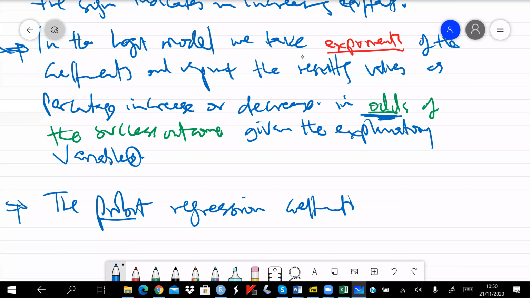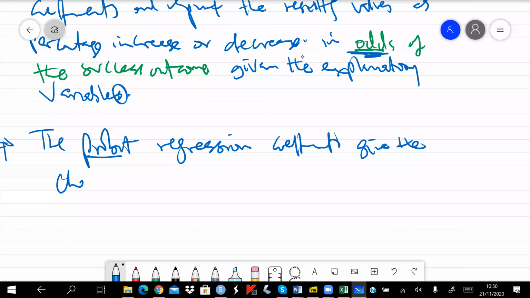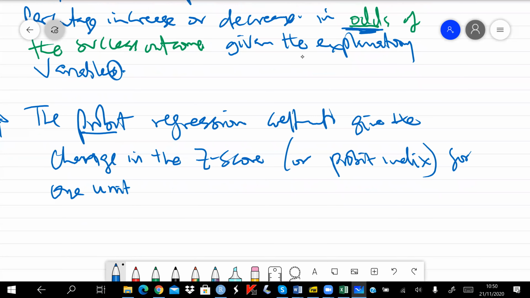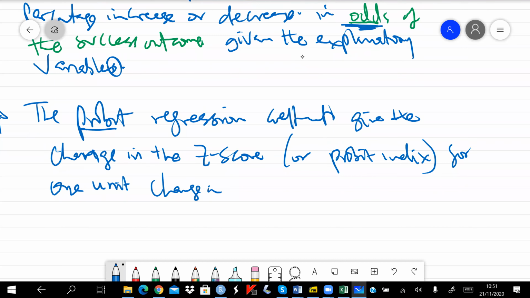The Probit regression coefficients give the change in the z-score, or what we call the Probit index, for 1 unit change in a continuous predictor.